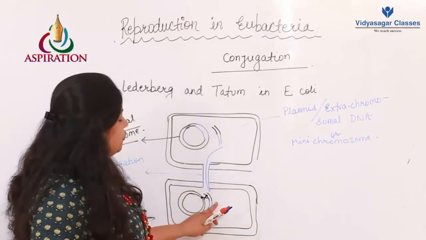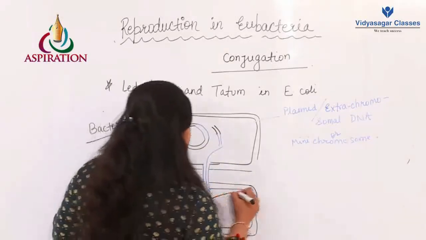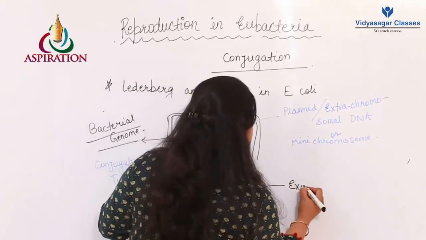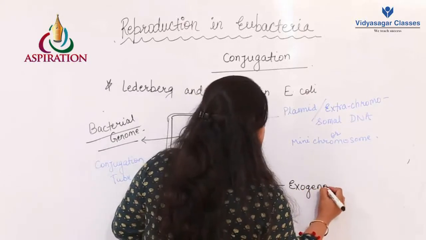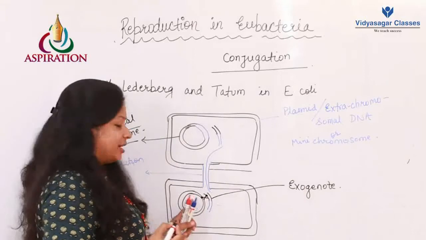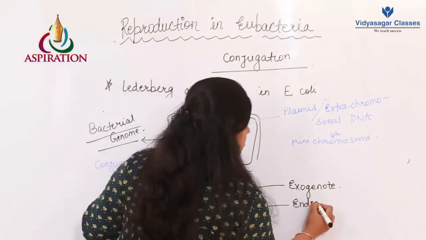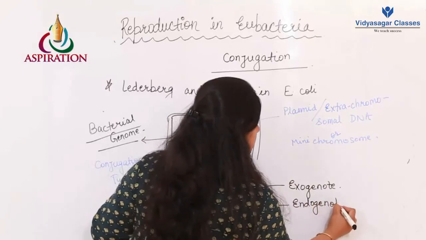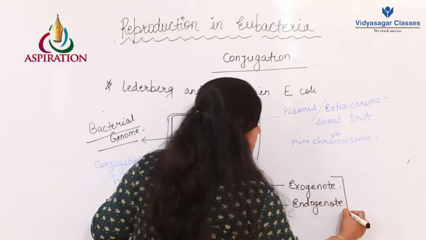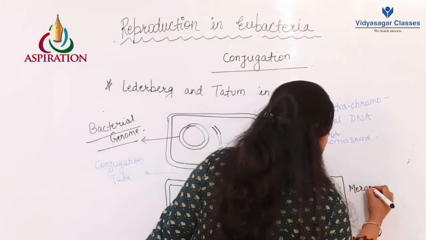The part which comes from the F plus bacteria is known as exogenote, and the part which is there in the recipient bacteria is known as endogenote. Together, these are known as merozygote.